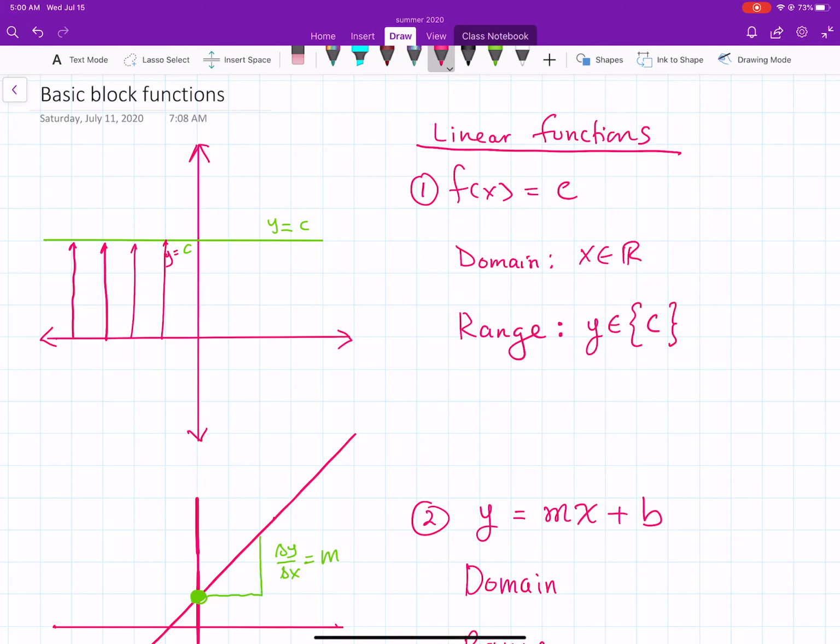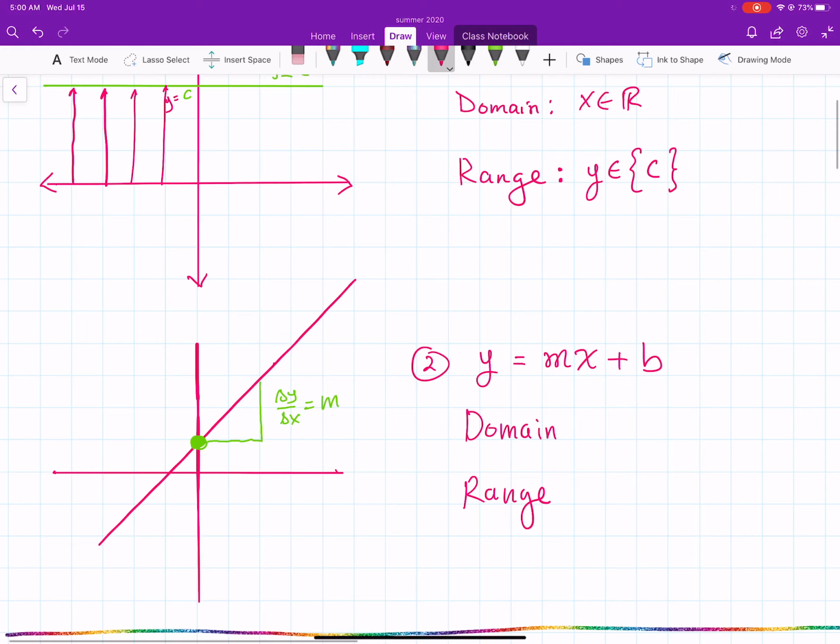All right. And then you know how to sketch a line. A line can either rise from left to right or fall from left to right. In this case, it's rising from left to right. And the way we sketch is we locate B, this is B, and then you do rise over run to find the other point, and then you connect the two points together.